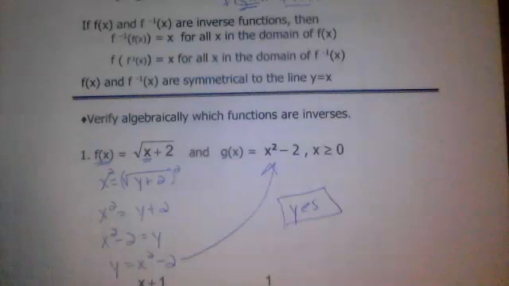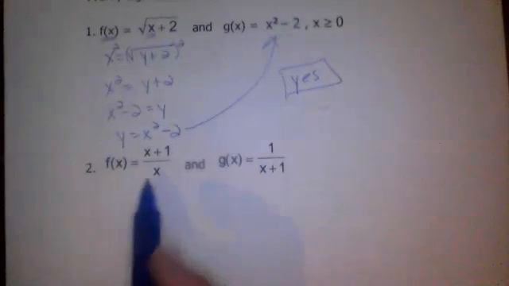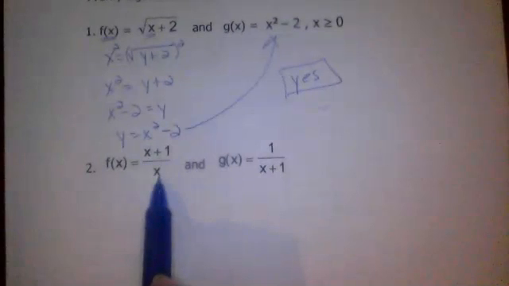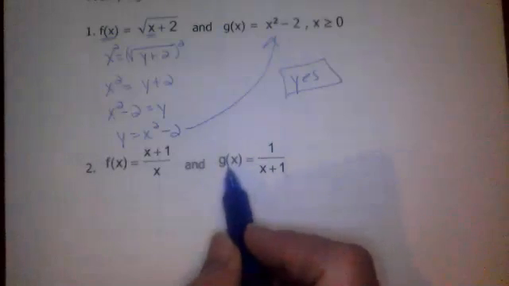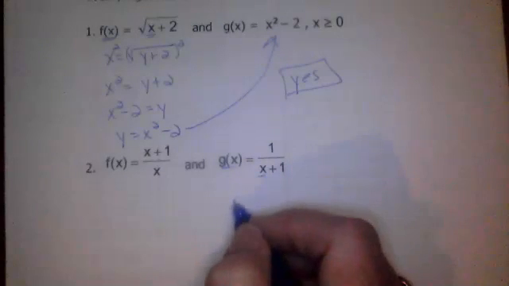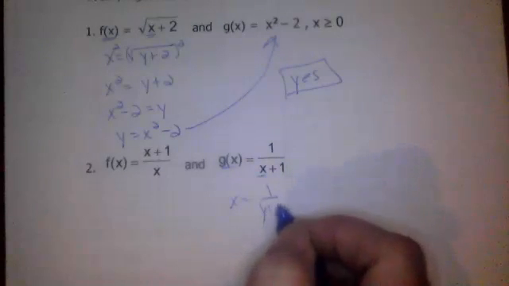So on this next one, since this equation has two x's that would become two y's, you may want to choose this one to solve. So I think I'm going to use this one and see if I get this. So I'm going to switch this out for x and y. So x equals 1 over y plus 1.